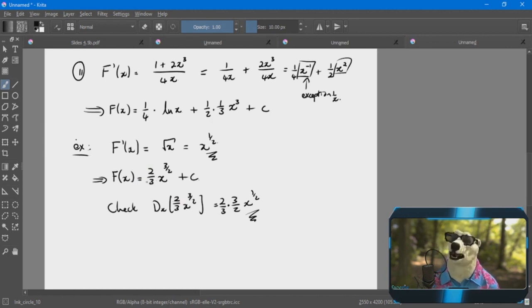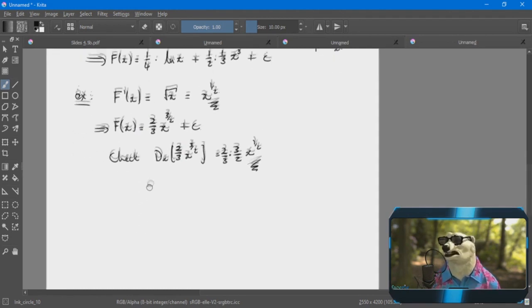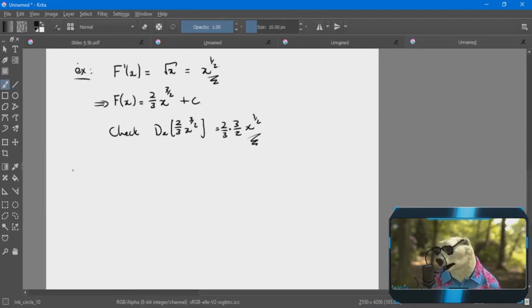So that's one example I want to highlight. Let's highlight another one. If my derivative given function is e to the x, what is an antiderivative?